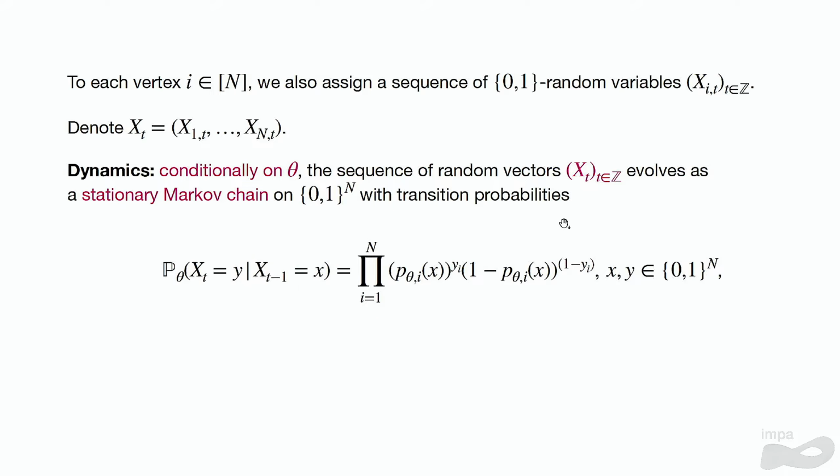So instead of trying to understand this, let me explain very briefly what it tells us. It tells us that if at a given time, let's say t minus 1, I observe a sequence of zeros and ones, which is x, each vertex at the next time decides to assign value 1 with probability p_theta,i(x), and value 0 with probability 1 minus p_theta,i(x), okay?